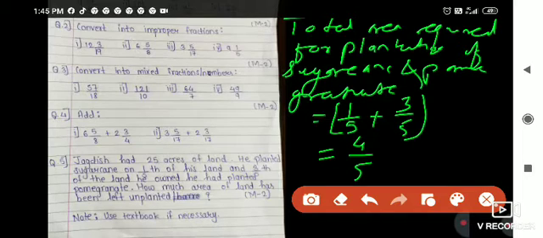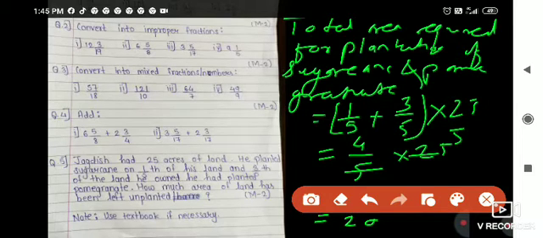Here 5 ones are 5, 5 fives are 25, so it is equal to 20, as 5 fours are 20 acres. So 20 acres of area he had planted.